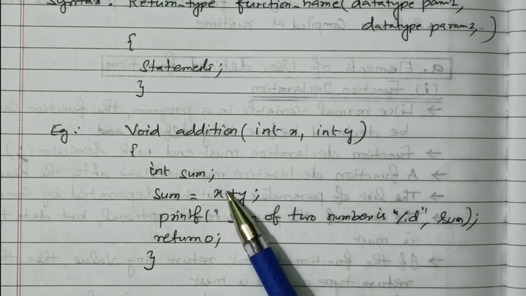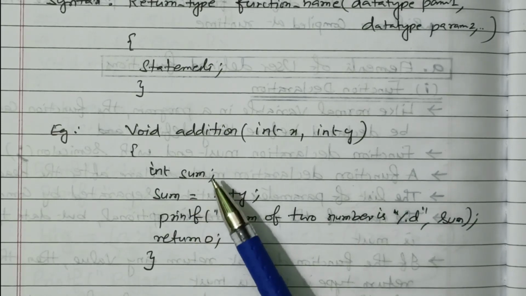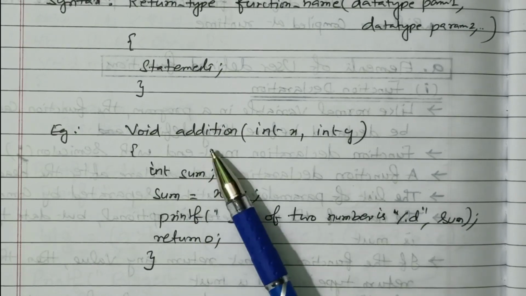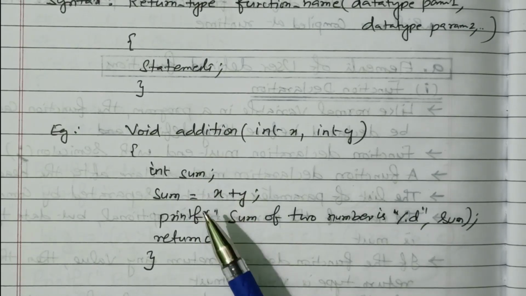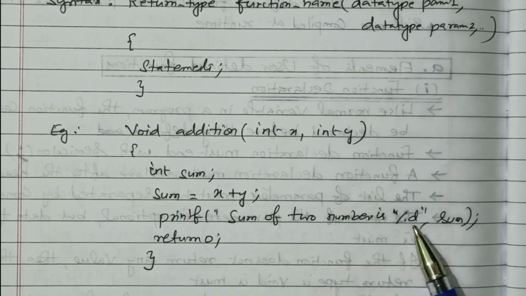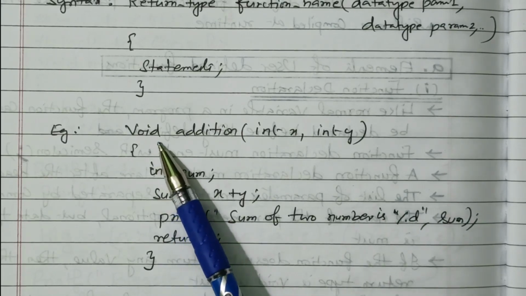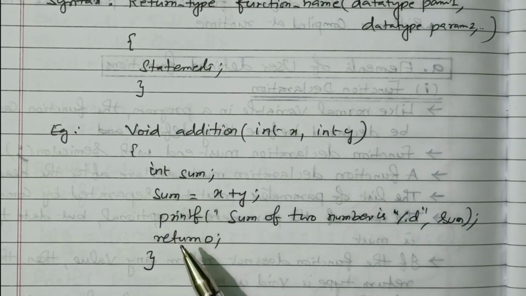The statements inside are according to our requirement, whatever we need to write. Here in addition, we declare one variable sum. In sum both are added and the answer is stored. That is printed in the subprogram function itself, and no value is returned, because we are having void, not returning any value, right?